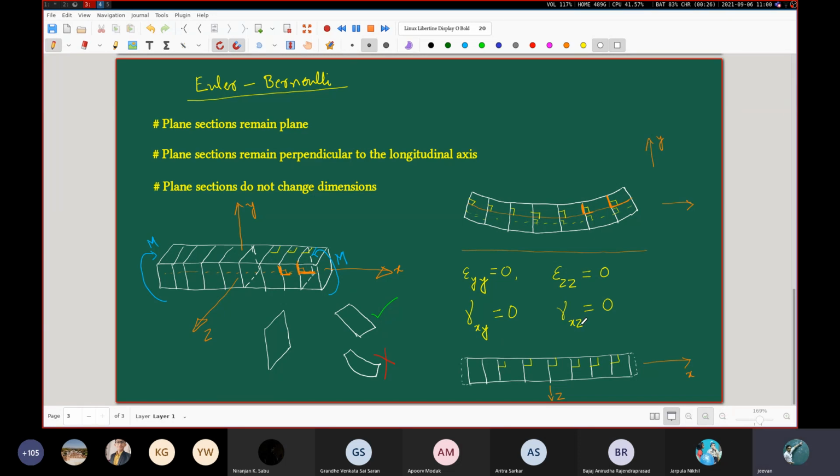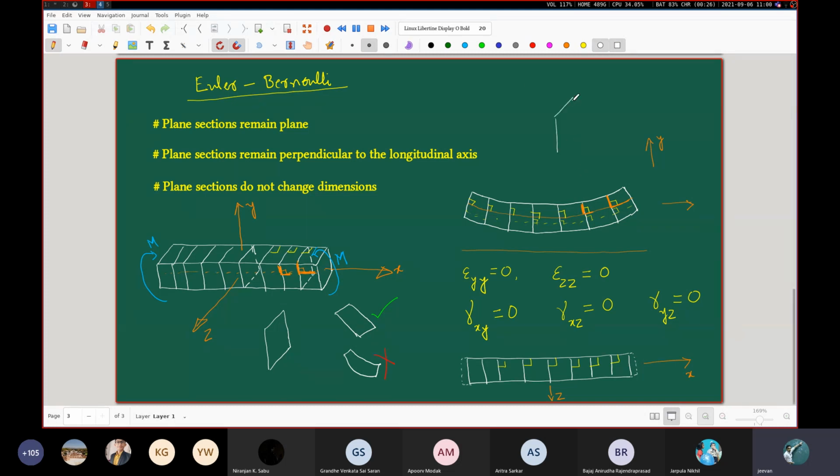And finally, what about gamma yz? I'll stop here. I will continue from here tomorrow, but I'm just telling you very quickly that gamma yz is also going to be equal to 0. It is going to be equal to 0 because this gamma yz pertains to this kind of a cross section.